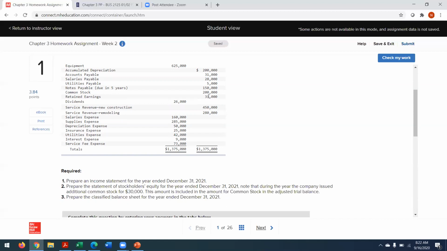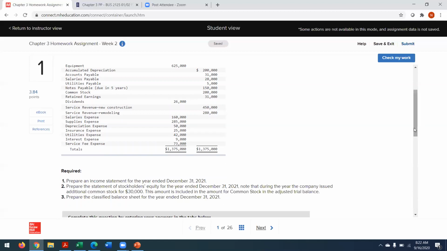So we know from that our beginning balance in common stock is 170, because part of this $200,000 figure is the company issuing additional common stock for $30,000.